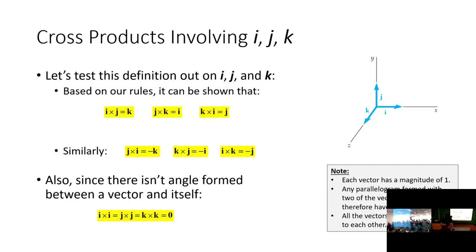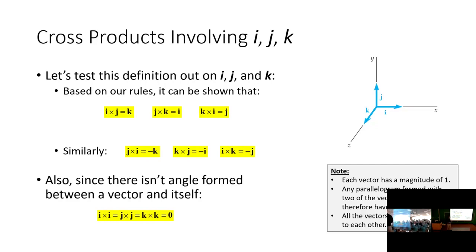If I'm crossing I and J, I know the magnitude is 1, and I know the vector points towards the z-axis. So what is the name of the vector that points in the positive direction of the z-axis and has a magnitude of 1? It's K, right? So what is I cross J? It is K. Does that make sense?